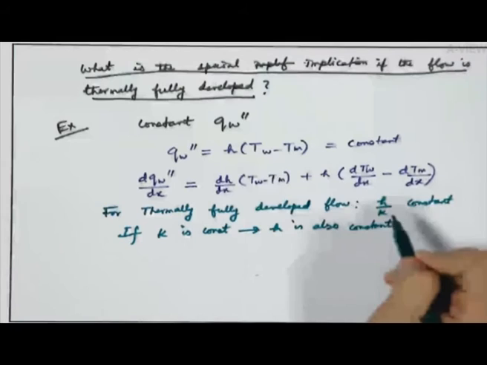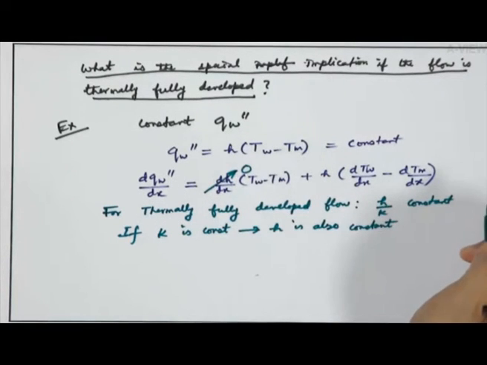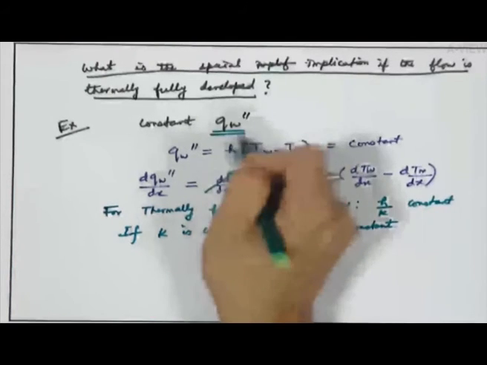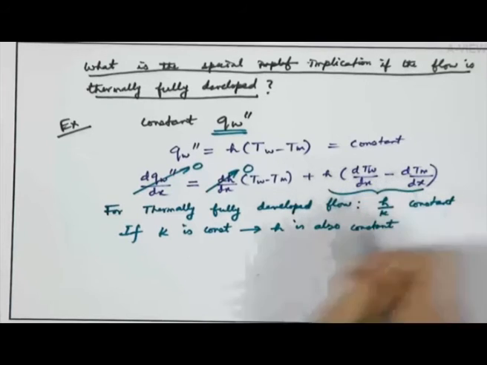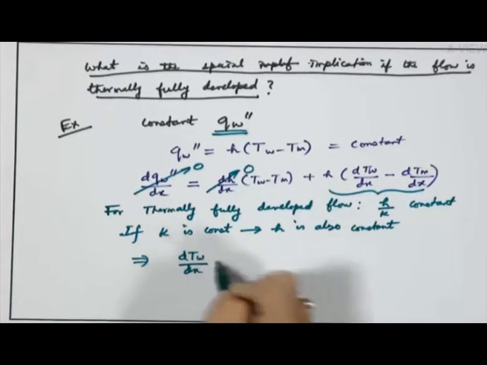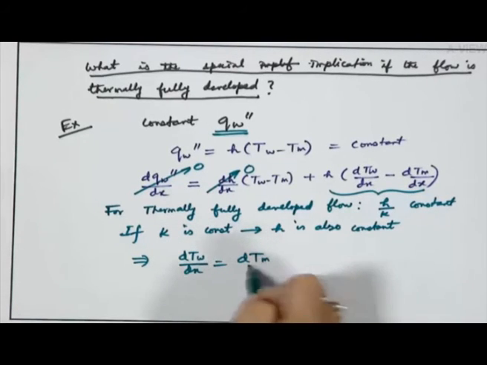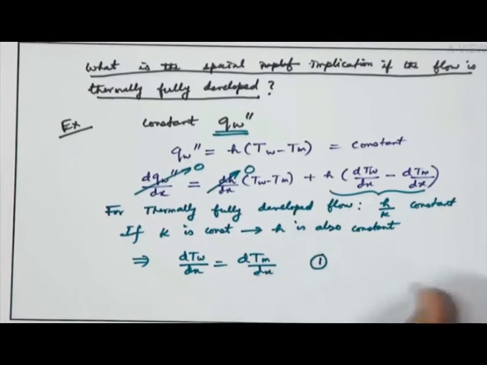So if H is constant, then dH dx will be 0. And for constant wall heat flux, dq wall dx equal to 0. So from this we can conclude that dT wall dx equal to dTm dx. This is equation number 1.